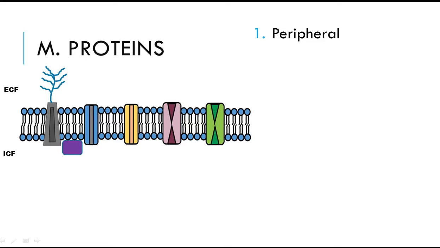So let's review the peripheral protein. How did we define a peripheral protein? It's marginal, so it's at the margins of either side of the membrane. Good. Loosely bound to the integral proteins and phospholipids? Loosely, very loosely.